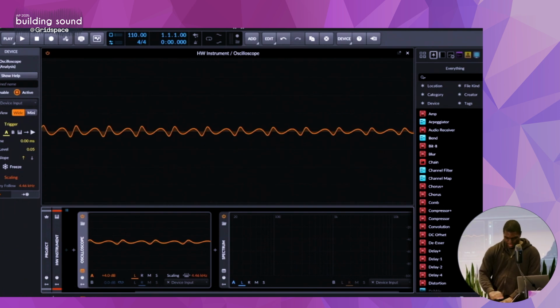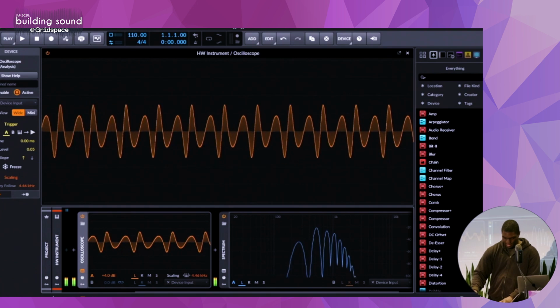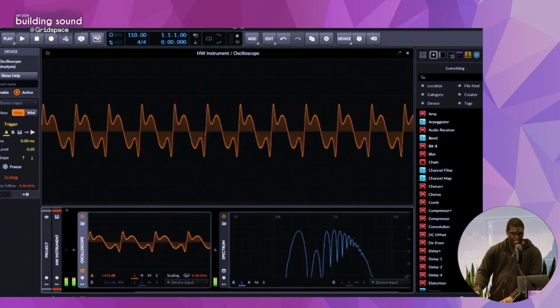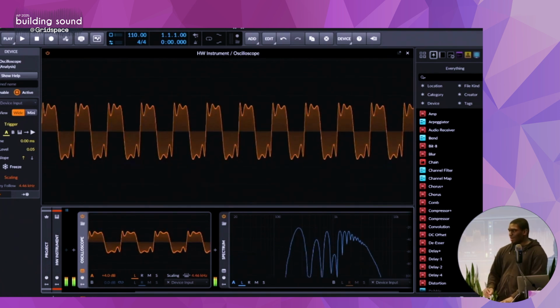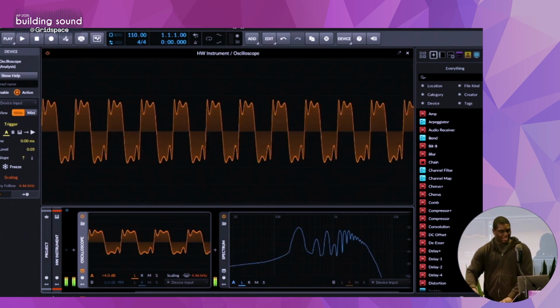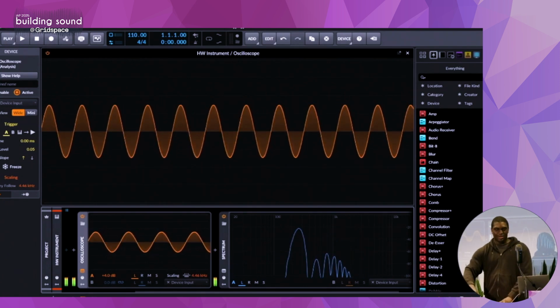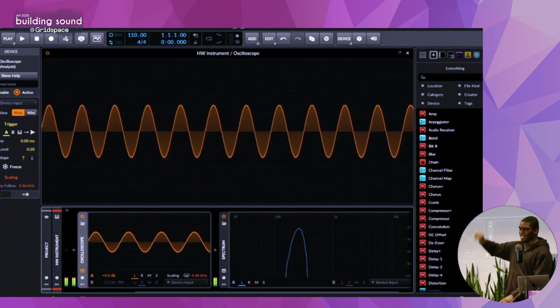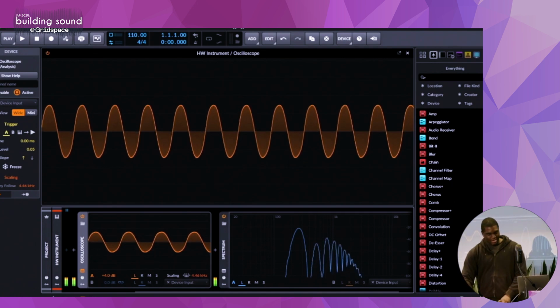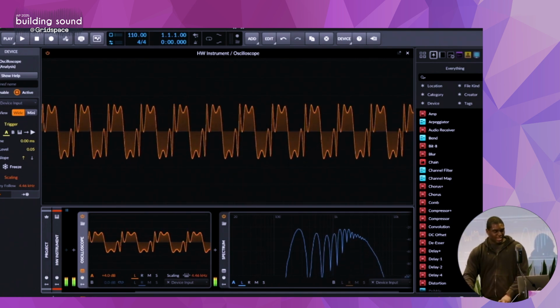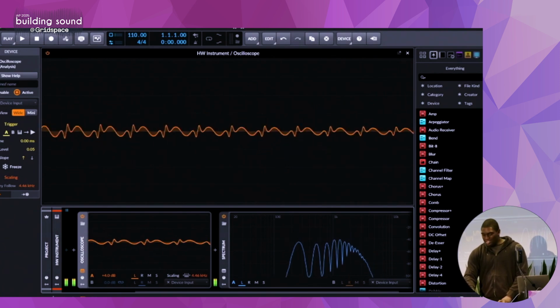So that's our modulator modulated. It's kind of hard. So if I turn off our modulator, we just get our sine back. But if I turn back our modulator on, you get our modulated modulator.